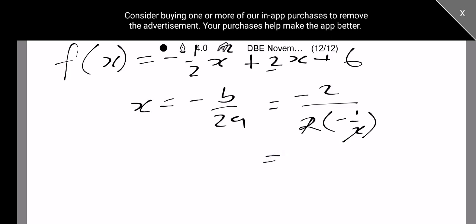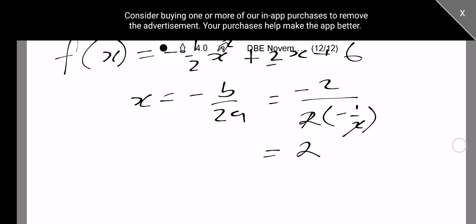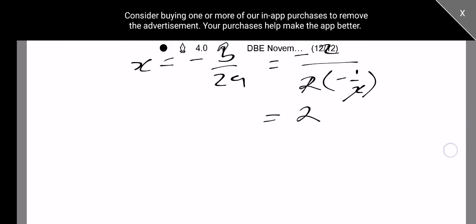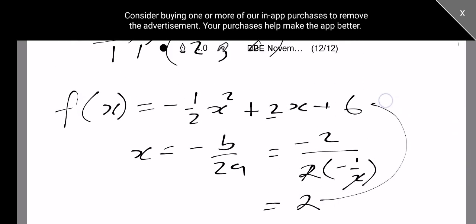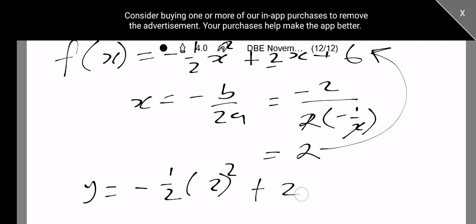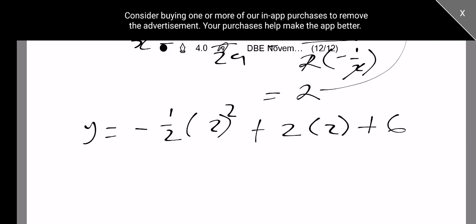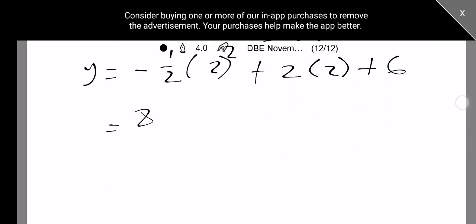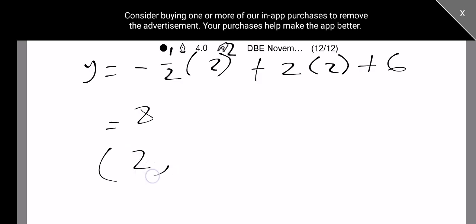Then negative 2 divided by negative 1 gives you 2. This is the x coordinate of the turning point. Now take this and substitute it here. Now y is going to be equal to negative half times 2 squared plus 2 into 2 plus 6. Not going to waste time. This is going to give you 8. Now again, we've got our turning point, which is 2 and 8.